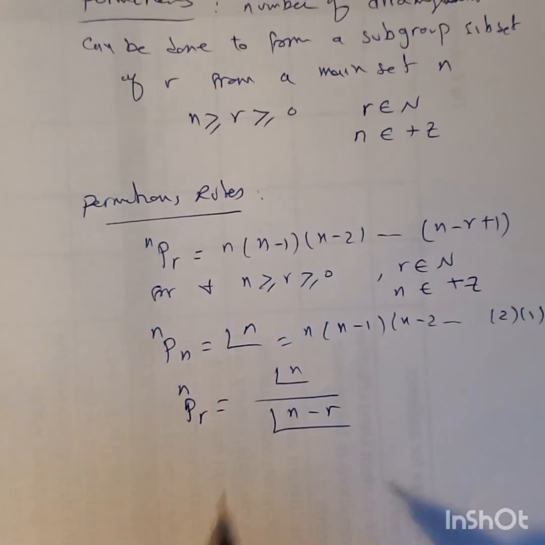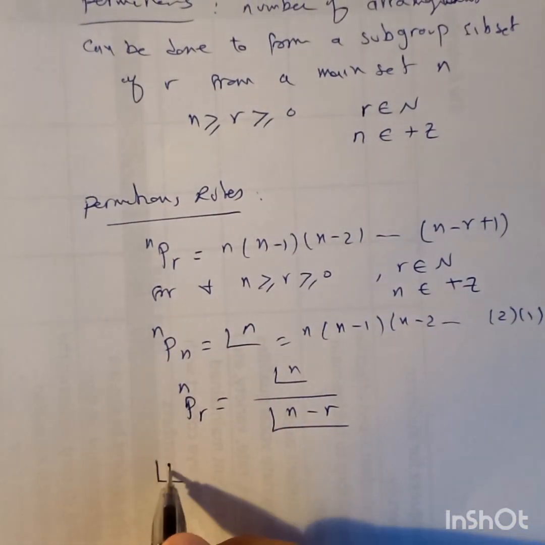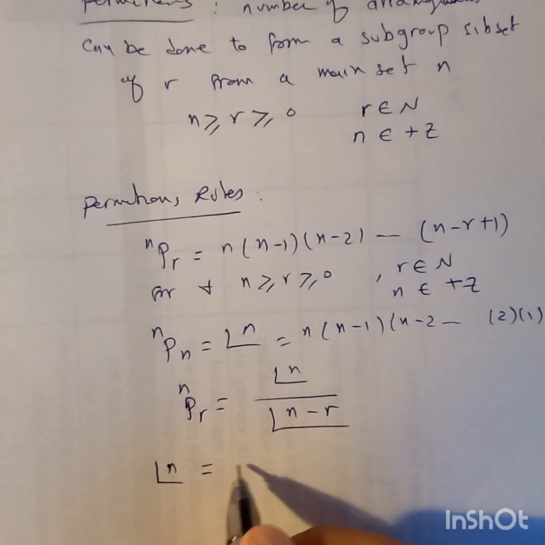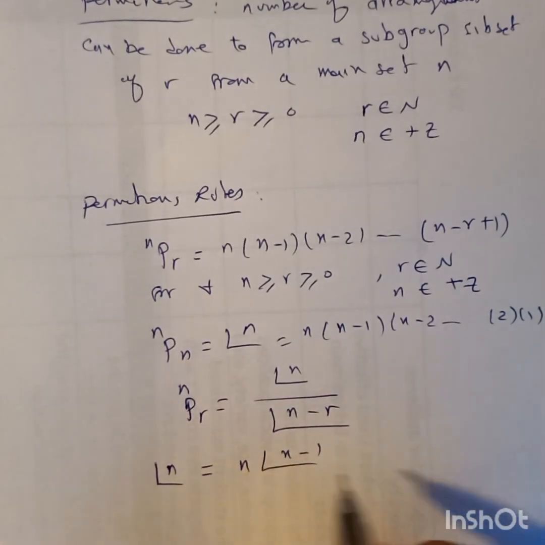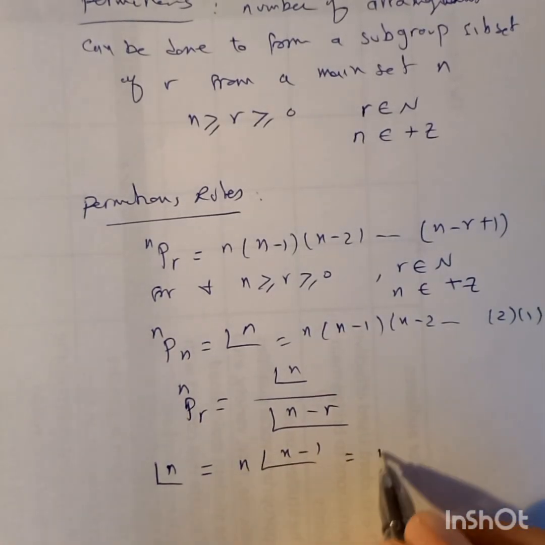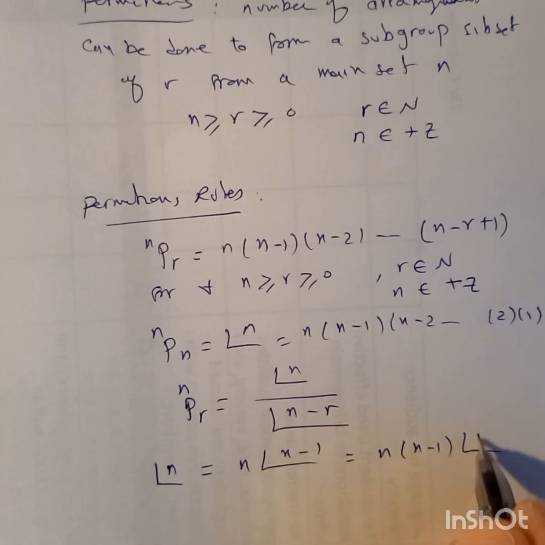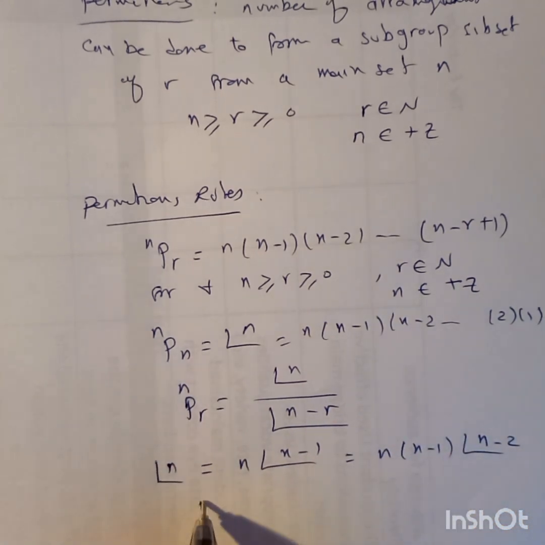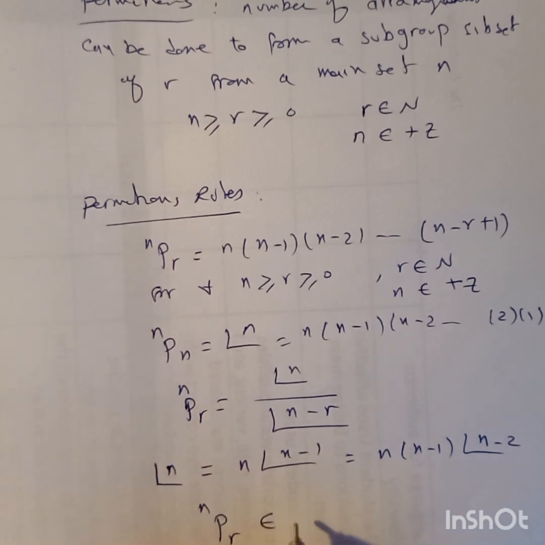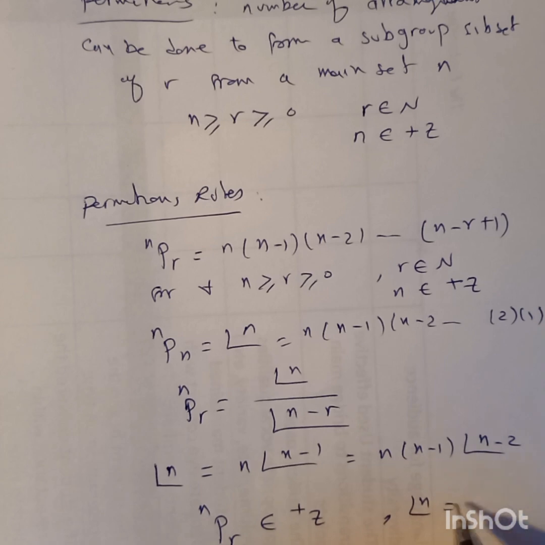As we said, factorial of n can be expressed as n times factorial of n minus 1. This equals n times n minus 1 times factorial of n minus 2 and so on. Here nPr belongs to the positive integers, and factorial of n also belongs to the positive integers.